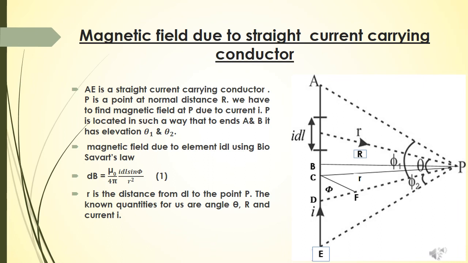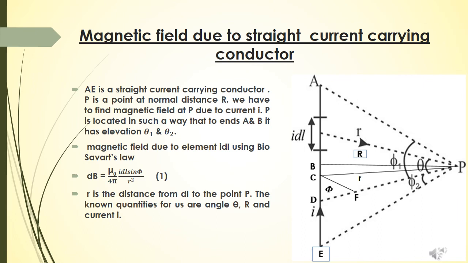So at any general angle theta, we have taken a small element dl. The current flowing is I, and because of this, we will find a small magnetic field dB. For this, we will take the help of Biot-Savart's law.